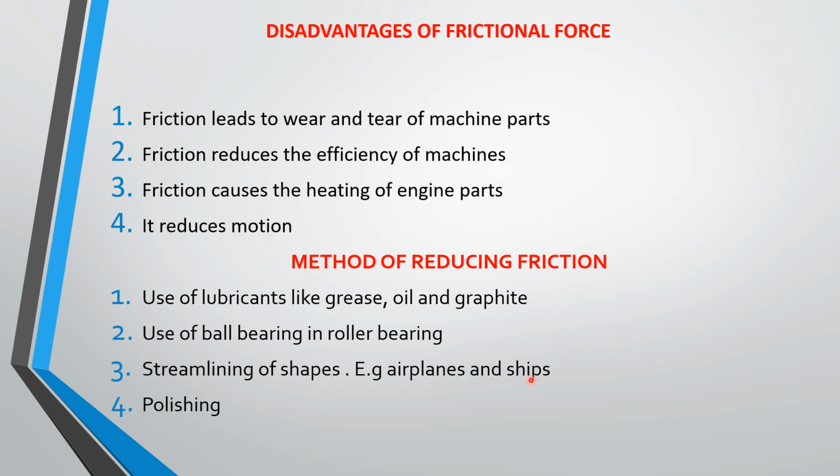If you look at the way aeroplanes are designed, the nose is streamlined so that the resistance of air will be reduced, right? So streamlining of shapes helps to reduce friction. Also, polishing of engine parts helps to reduce friction. So these are some of the ways of reducing friction.